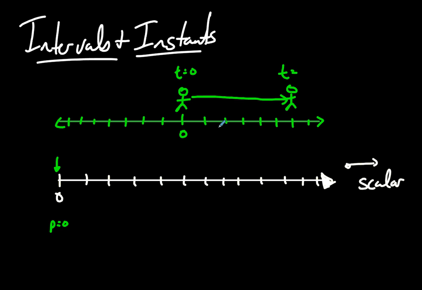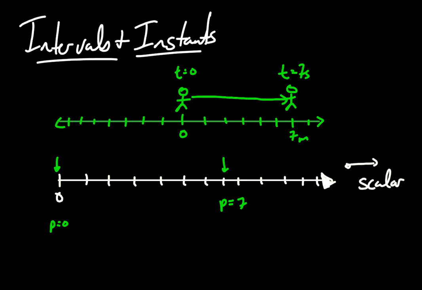Let's say t equals 7 seconds. Okay, they moved over to here, and this is plus 7 meters. Okay, so at 7 seconds they're there. And we could say p equals 7.